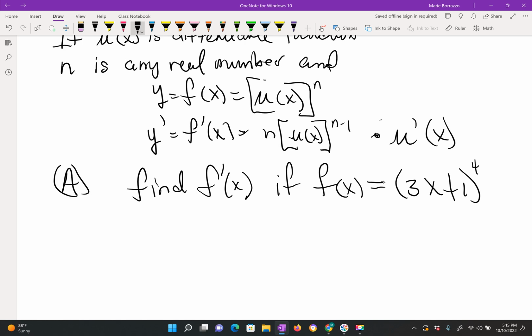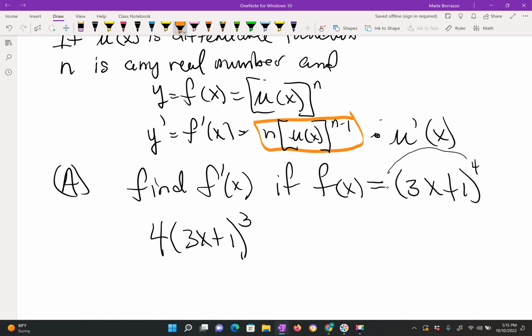So in essence, what's going to happen is, remember the power rule? When you bring this forward, this is going to become basically 4 times (3x plus 1) to the 3rd. Does that make sense? Okay, I want you to look at this. That's what that means right here. Times the first derivative of the junk in here.